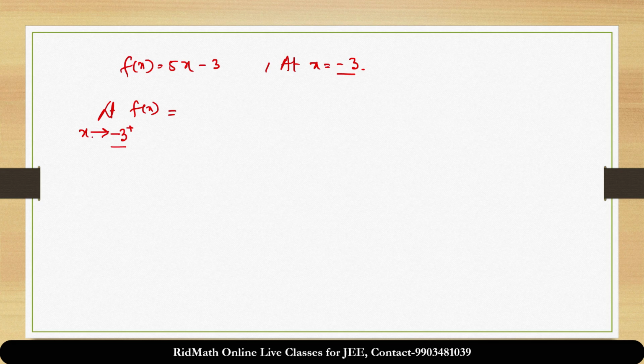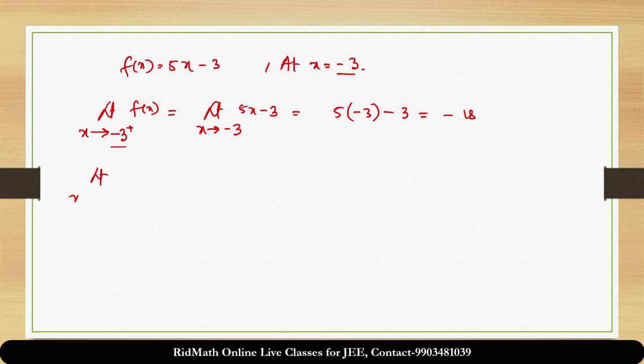So that means x tends to minus 3 plus. So that is equal to limit x tends to minus 3 of 5x minus 3. So put x equal to minus 3. That means 5 into minus 3 minus 3, that is equal to minus 18.